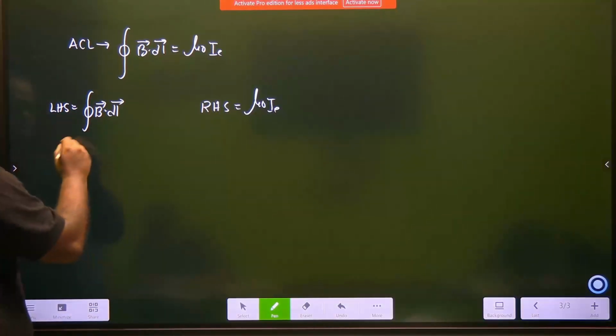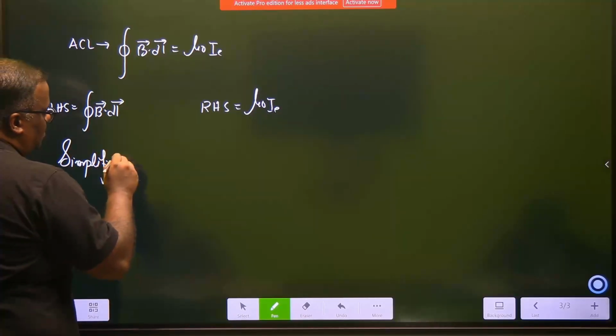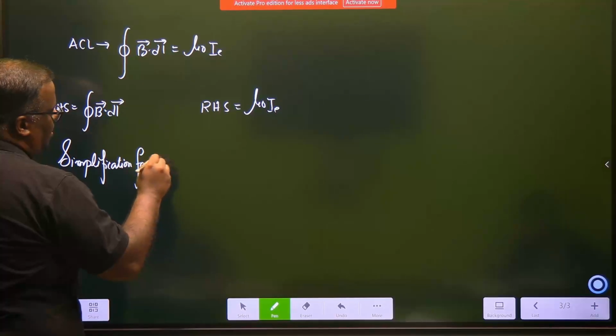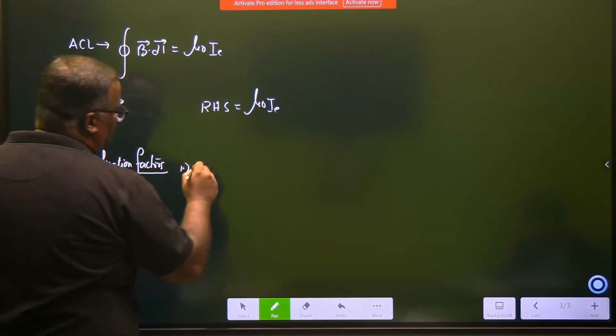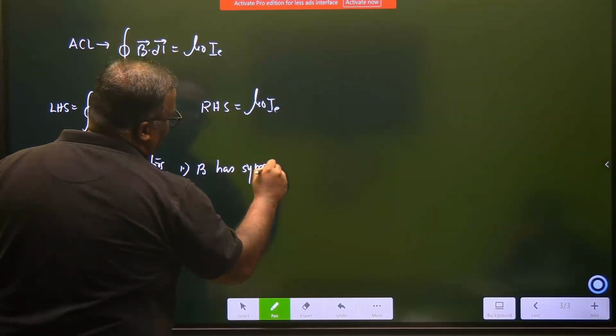Simplification factors. B has symmetry, number one.